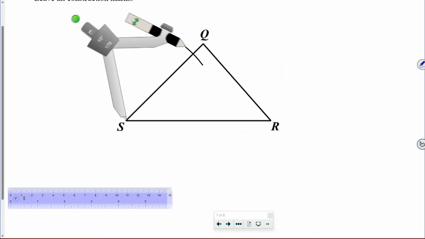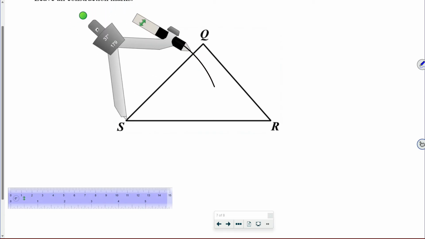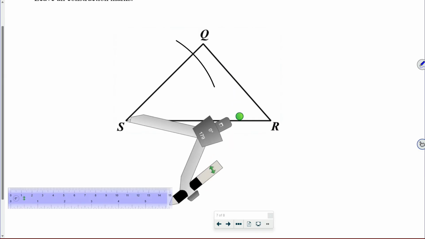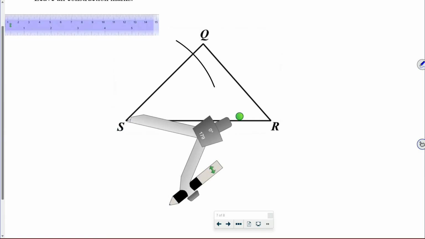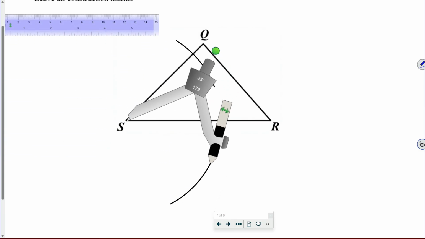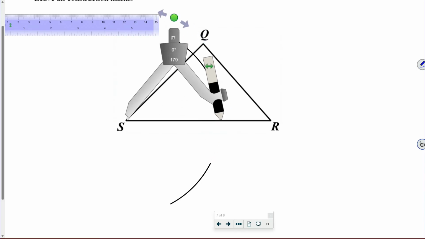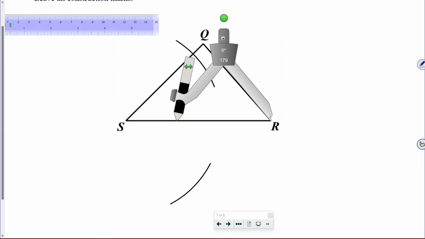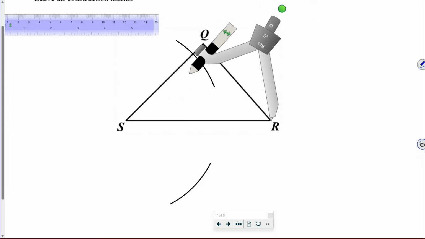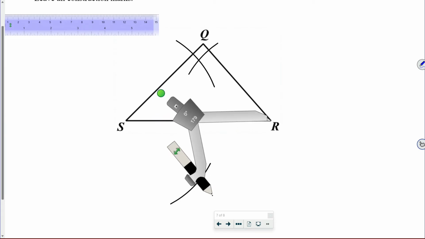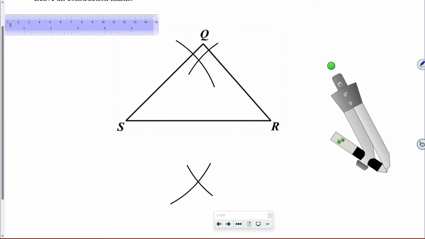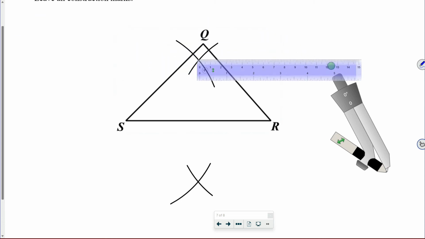Then I'll do the same arc down here. Okay, come up here, reverse, bring it over here. Great. Bring it down here. Awesome. That'll be enough to find that perpendicular bisector and that median.